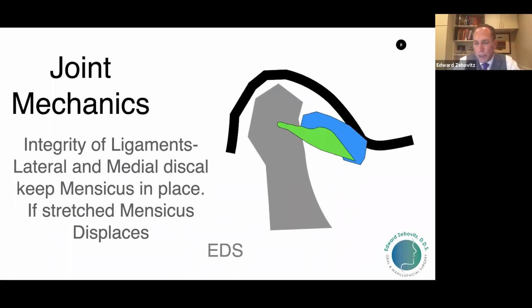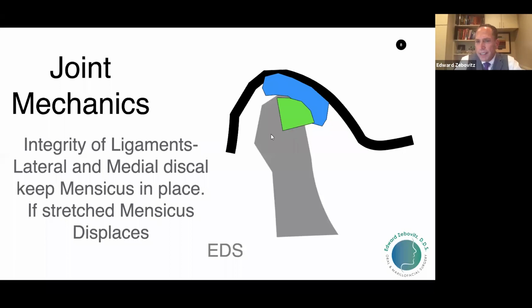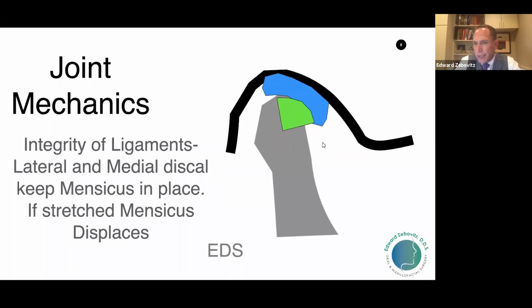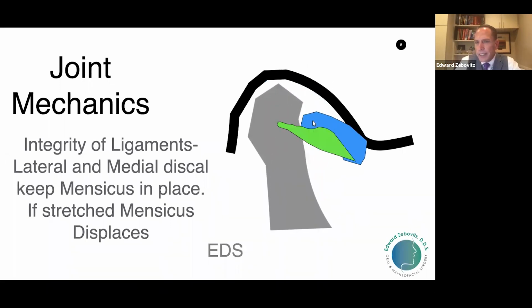But when we look at our picture, and let me do this one more time, now look at our condyle. When our meniscus slips out of place, what happens to our condyle? When the meniscus is in place, the condyle is pretty centered in the fossa. But when the meniscus slips out of place, we get a distalized condyle.